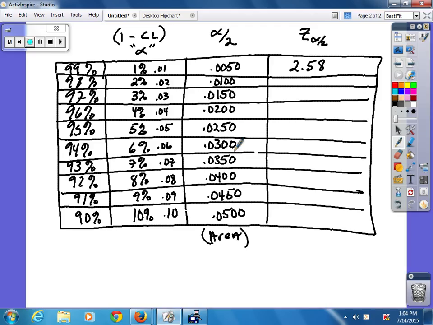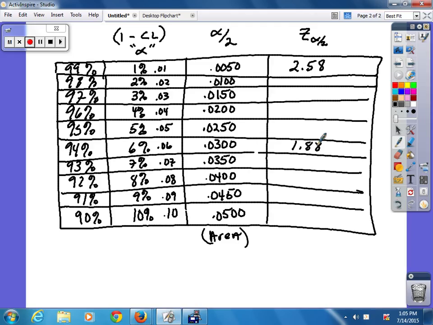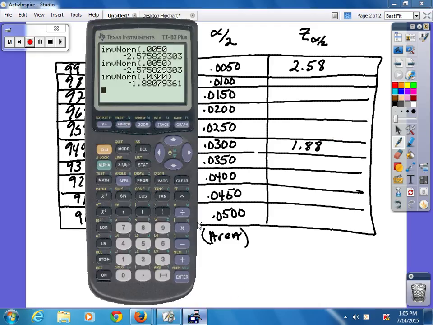And I'm going to do the middle, 0.0300. I get 1.88. And 0.05, negative 1.65, which would be 1.65.